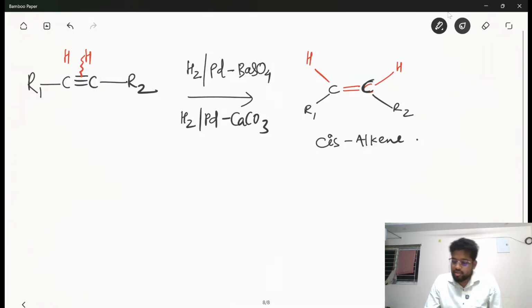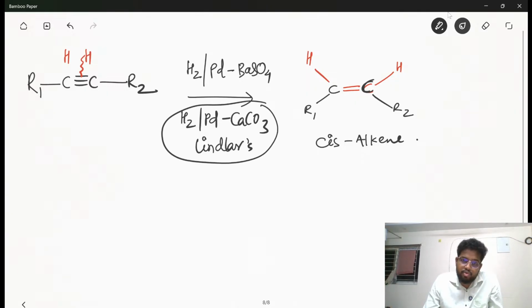Alkyne undergoes selective reduction. This is Lindlar. Above one, you know, Rosenmund. So both Lindlar and Rosenmund help us in this reaction.